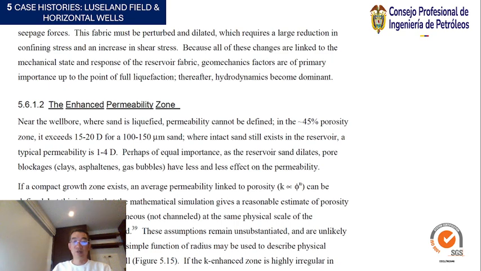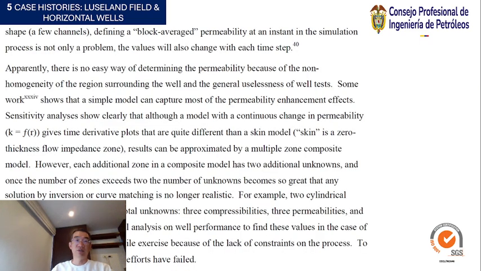Alternatively, some simple function of radius may be used to describe physical properties around a chalk sphere. Figure 5.15. If the K-enhanced zone is highly irregular in shape, a few channels define a block average. Permeability at an instant in the simulation process is not only a problem, the value will also change with the early time step.